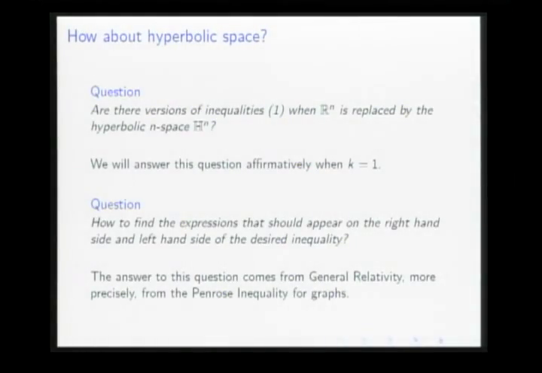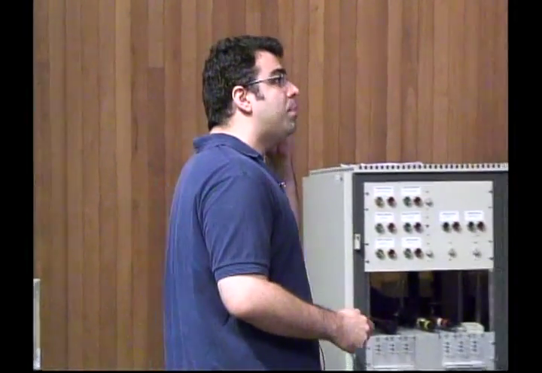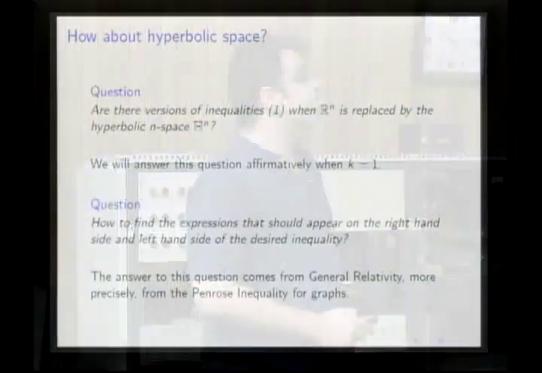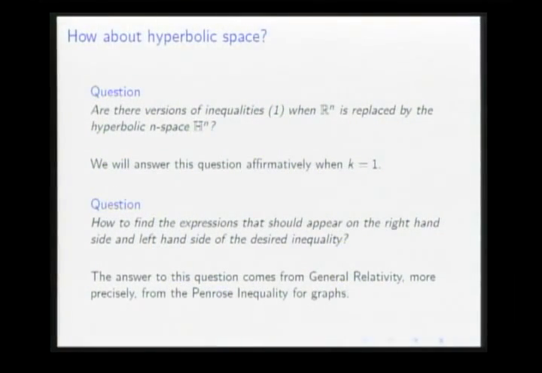Here's the question that I want to answer today. What happens if Rn is replaced by hyperbolic space? A related question is: what is the correct expression for the inequality?